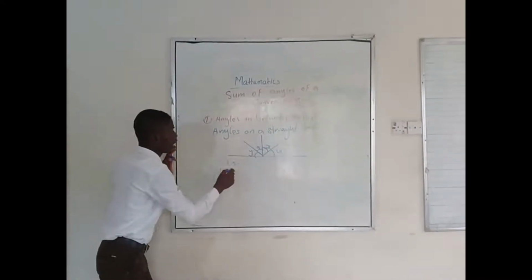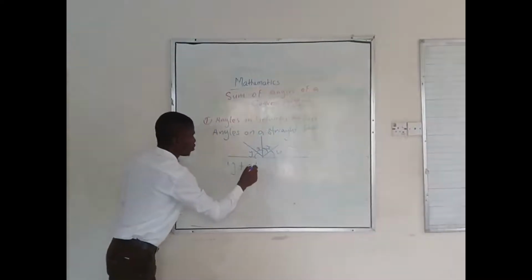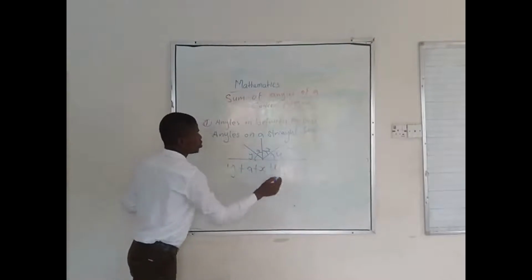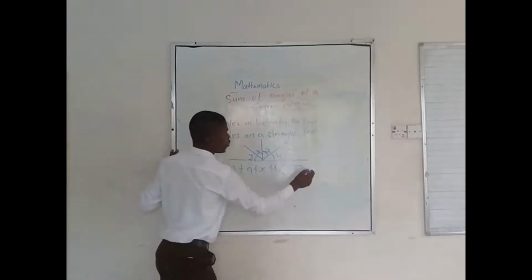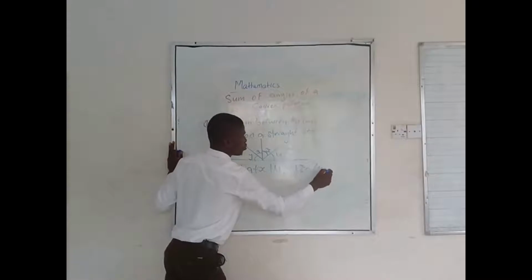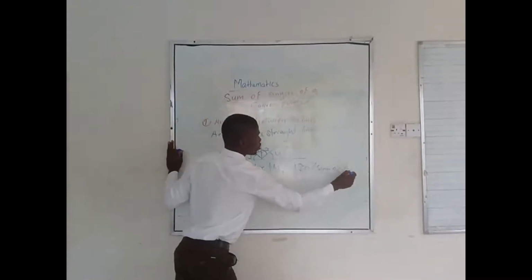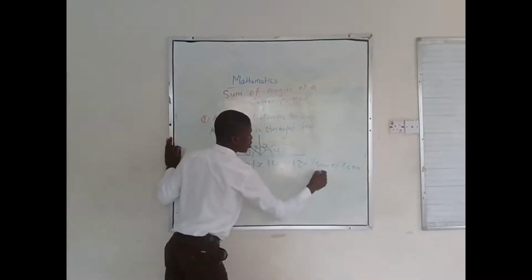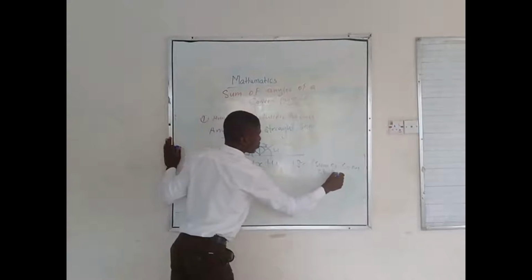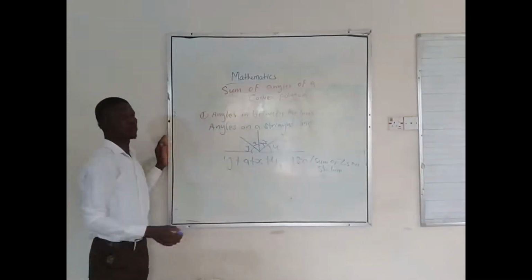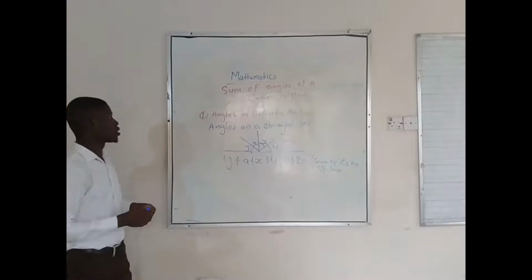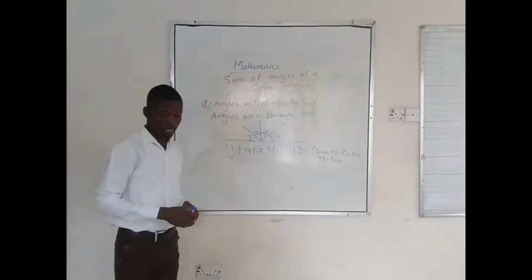How? y plus a plus x plus u equals 180. We say the sum of angles on a straight line. That's the first property we are going to check, angles in between the lines.